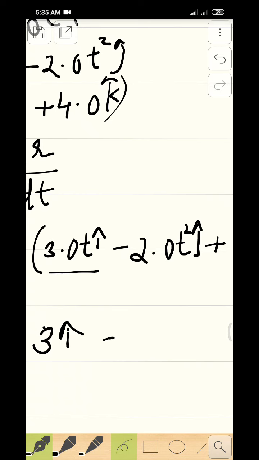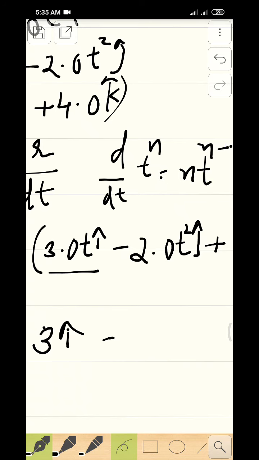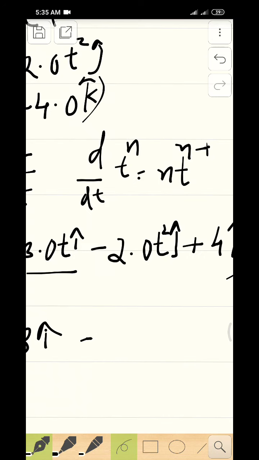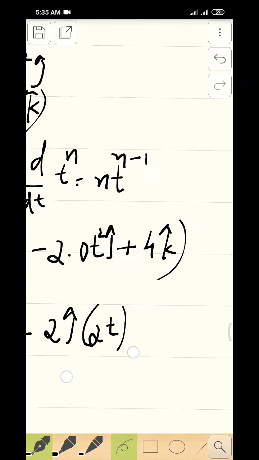d by dt of t raised to n will be n into t raised to n minus 1. Where the n value is 2, so 2 into t raised to 2 minus 1. So the constant value is 2 j cap, and d by dt of t square is 2t. Plus 4 k cap.